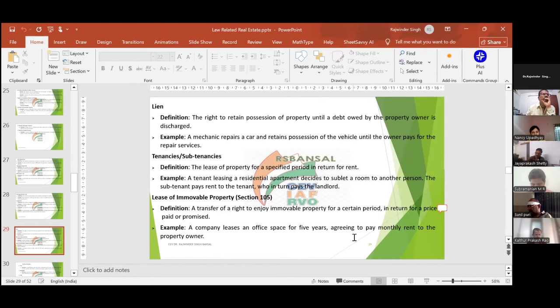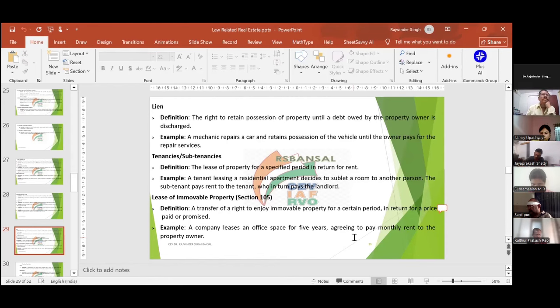So remember, if the property is under tenancy, under Rent Control Act, subletting is not allowed. But under lease deed, you can have sublessee. Lessee can sublet the property.